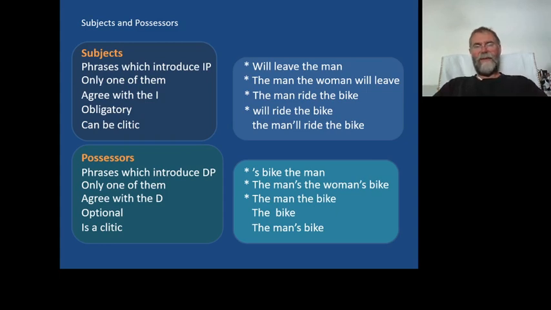All in all then, I think it looks as though possessors and subjects share a sufficient number of properties to conclude that they really are a very similar element within the phrases that they occupy. So we can conclude then that subjects are rightly analysed as specifiers of IPs and possessors as specifiers of DPs.